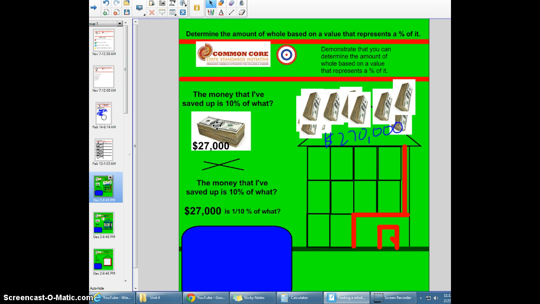Anyhow, I'd like to use this time to review some of my thinking and how I would solve this problem. Determine the amount of a whole based on a value that represents a percentage of it. That's what I want you to be able to do. We did this lesson in the context of understanding affordability.